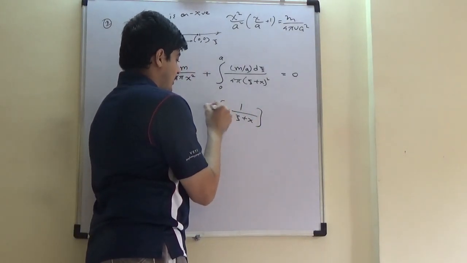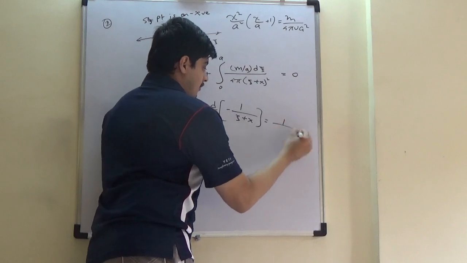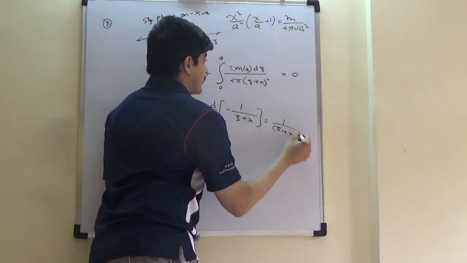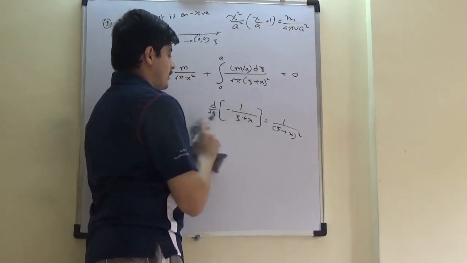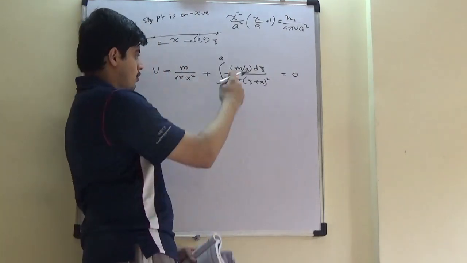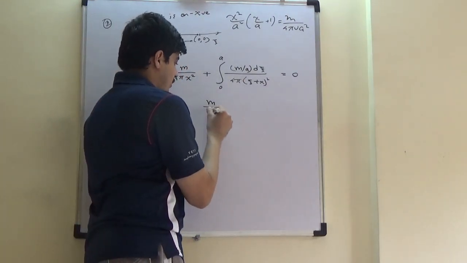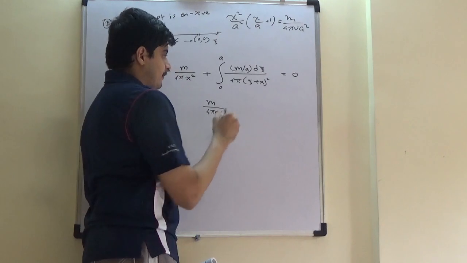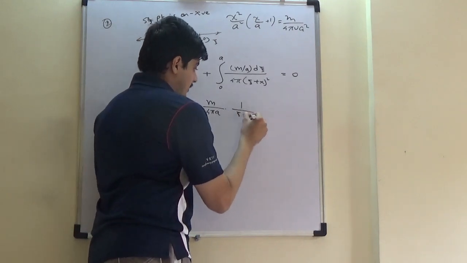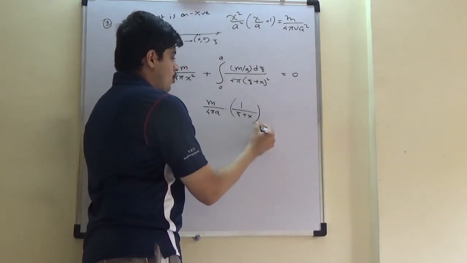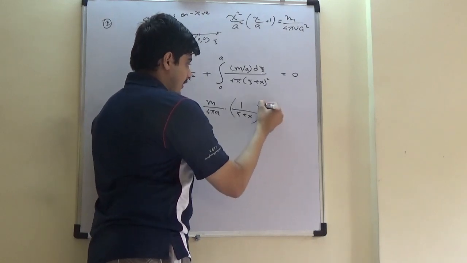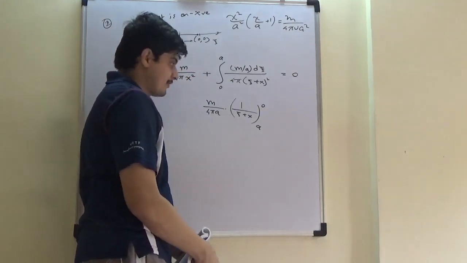What is d by d zeta of this? 1 upon zeta plus x whole square, right? Which means the integral of this quantity would be m upon 4 pi a 1 upon zeta plus x. Negative sign I am omitting by putting a here and 0 here, right?